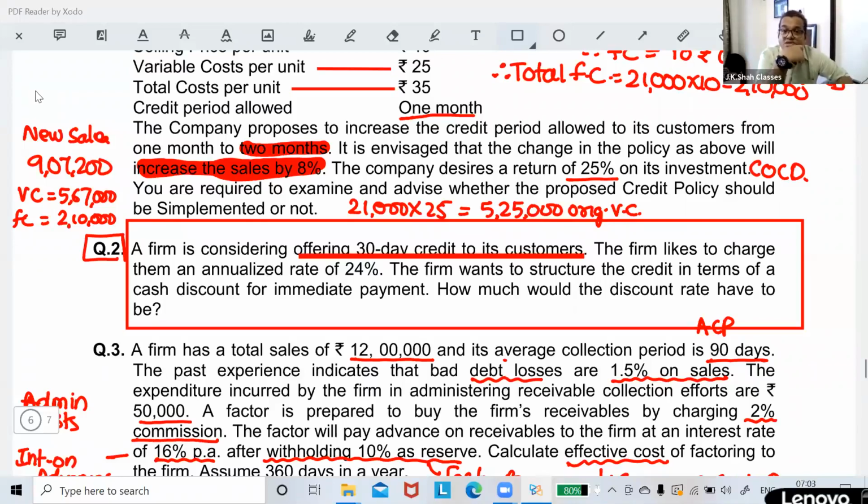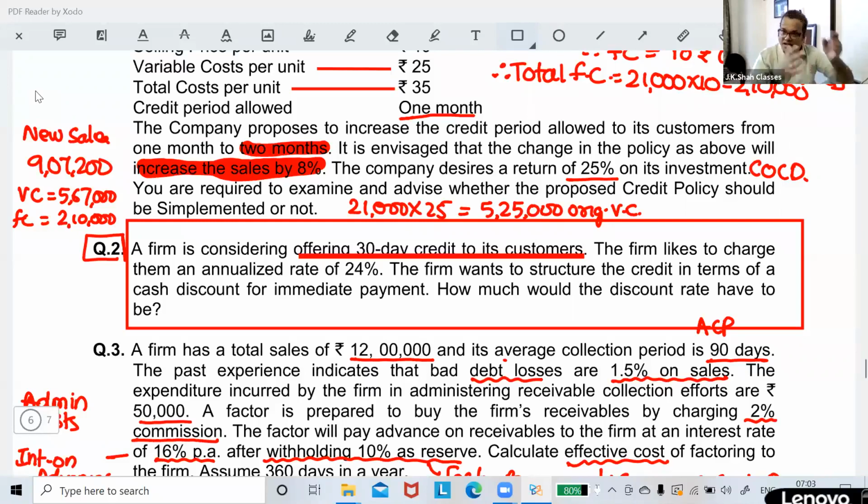The firm wants to structure the credit in terms of cash discount for immediate payment. How much would the discount rate have to be? First reaction: we did not understand the question. That is the first reaction most students give me after reading all this.